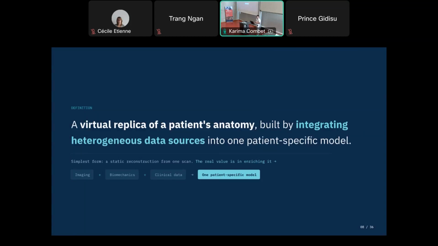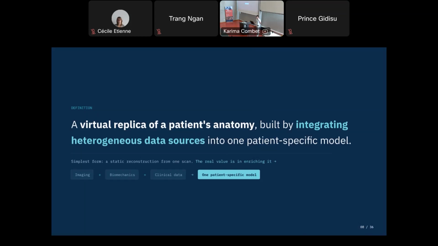If I unpack the wording a bit, virtual replica means it is a computational model, not a physical model. Of patient's anatomy means it's specific to one individual person, not a generic atlas. And integrating heterogeneous data means aggregating a lot of data, like preoperative imaging and intraoperative imaging, in a single reference.